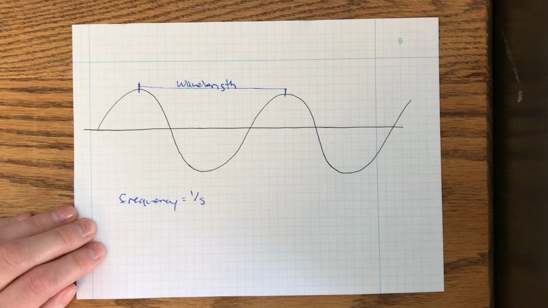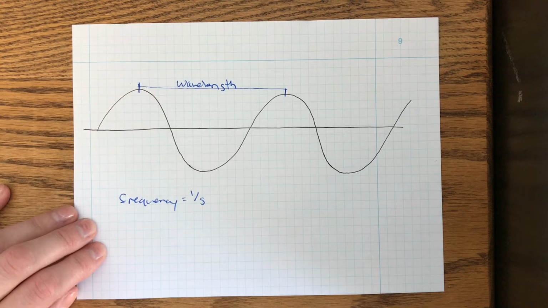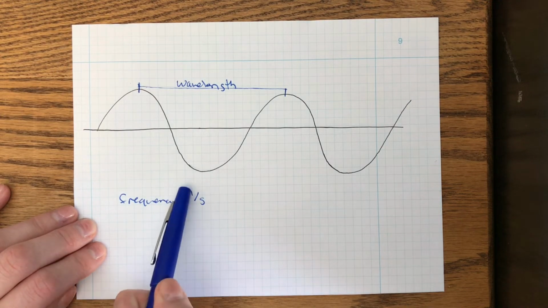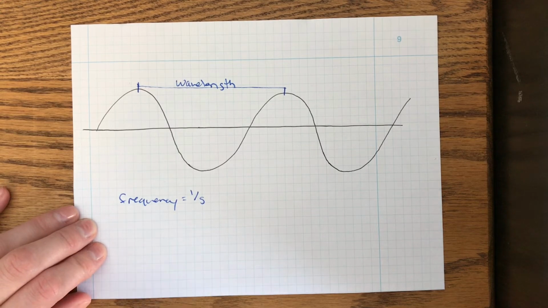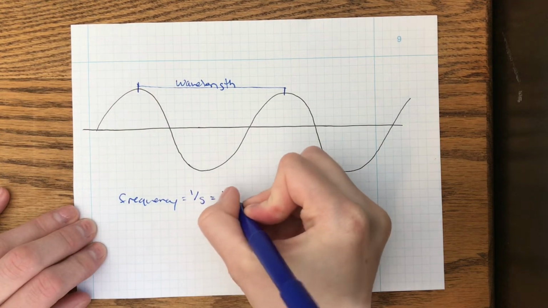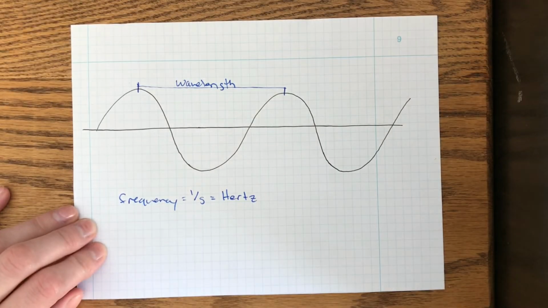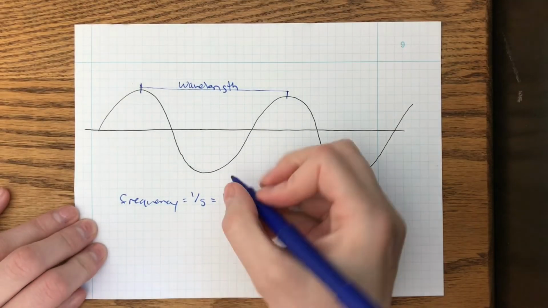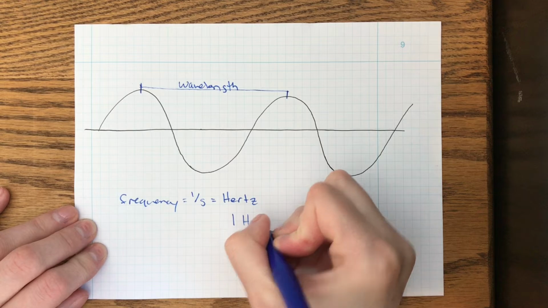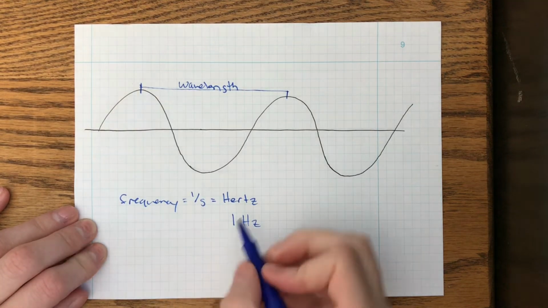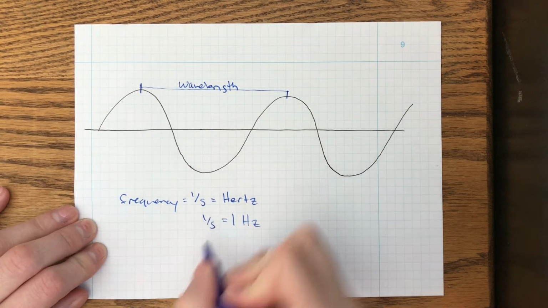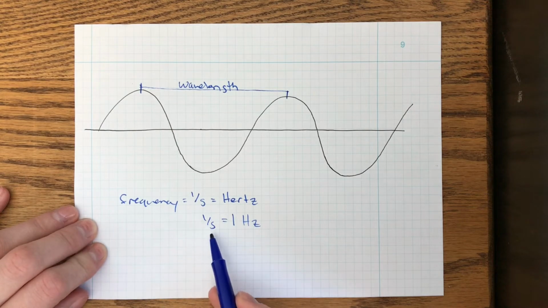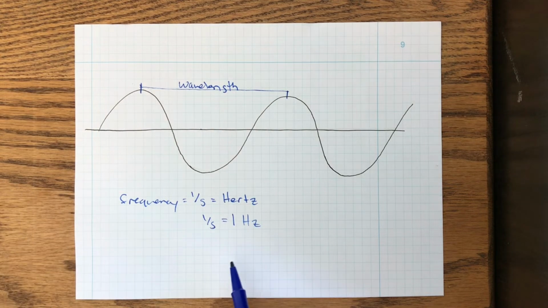You could use the unit 1 per second, but we're going to use a more specific unit for this very specific purpose. The unit we're going to measure it in is hertz. 1 hertz is equal to 1 per second. So 1 cycle per second is 1 hertz.